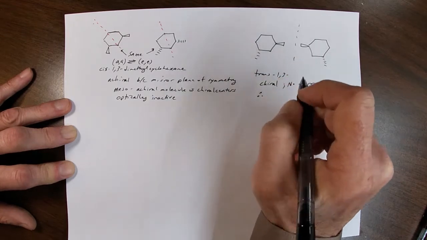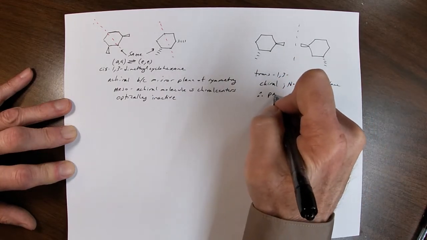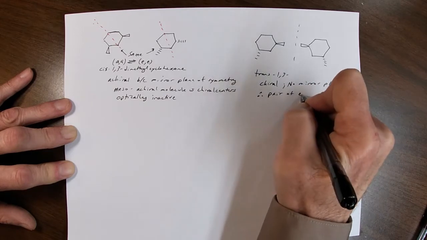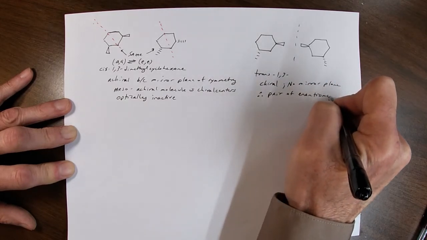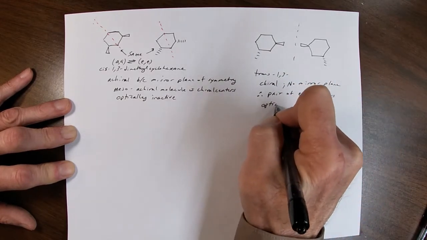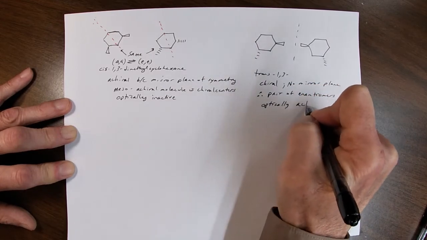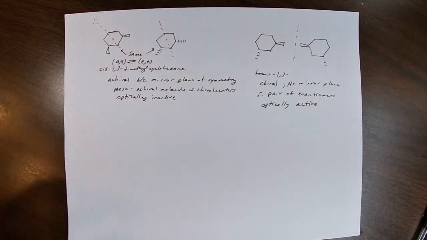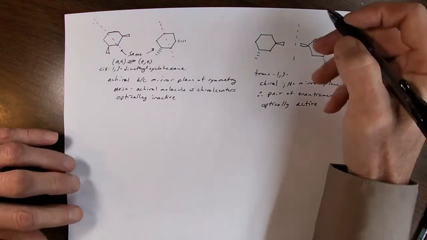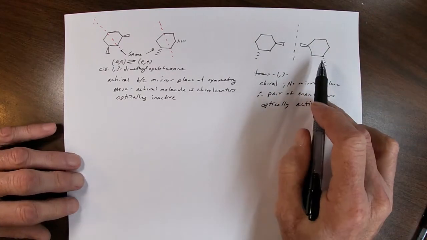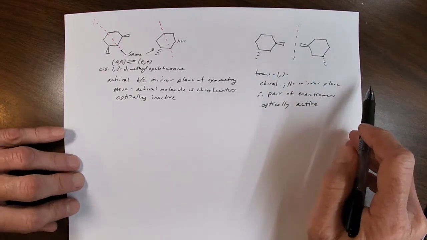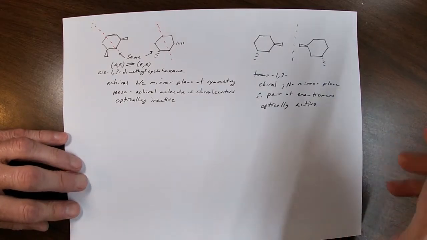Therefore, we have a pair of enantiomers. And these are optically active. If you had a racemic mixture of the two, then their optical activity would cancel one another and they would have no net optical activity.